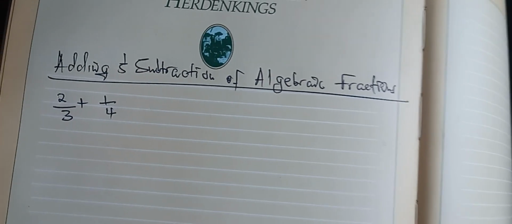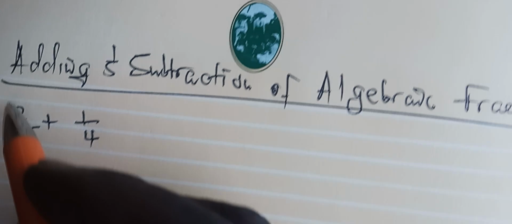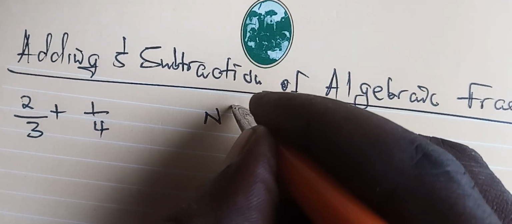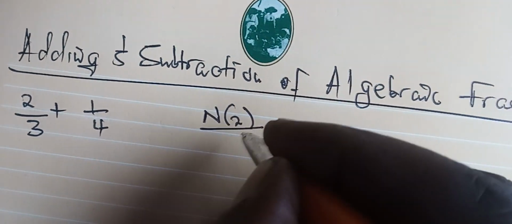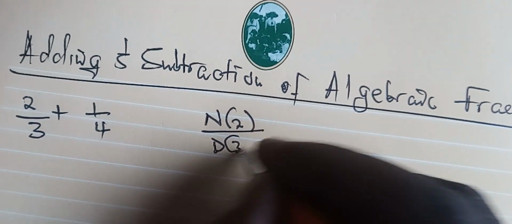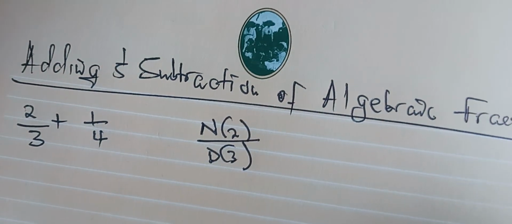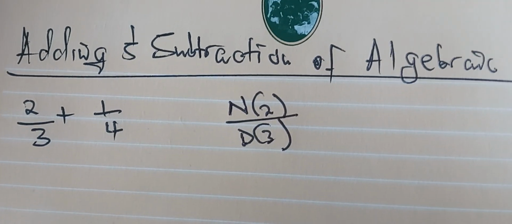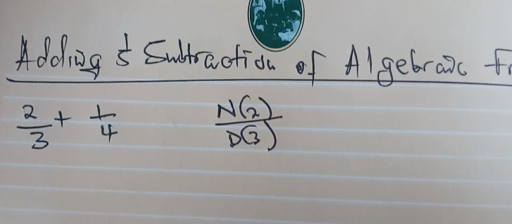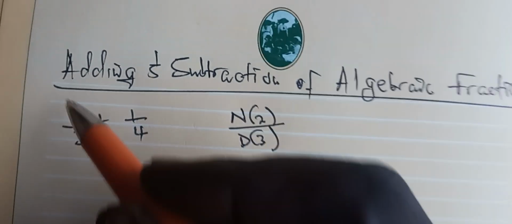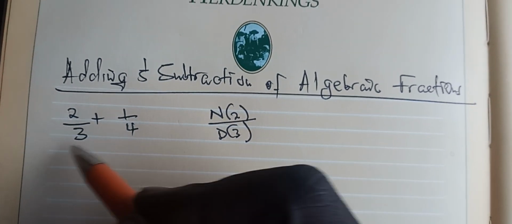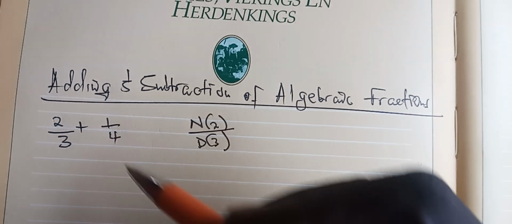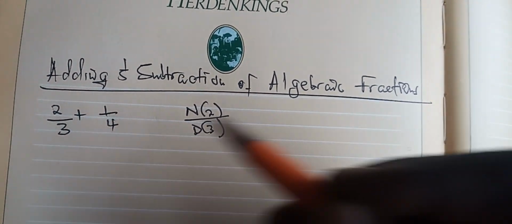If you look at 2 over 3, we've got a numerator of 2 and a denominator of 3. So a fraction is simply made up of a numerator and a denominator. In this scenario, our numerator is 2 and our denominator is 3. At the same time, here our numerator is 1 and denominator is 4.